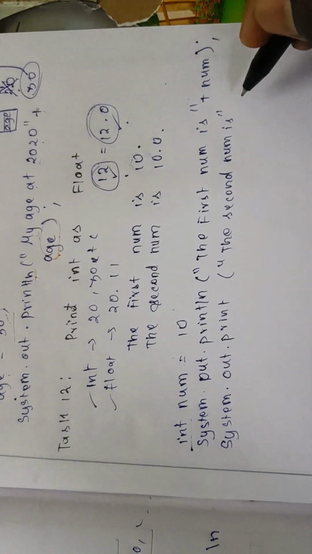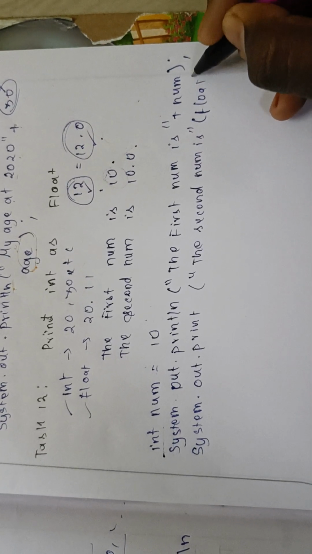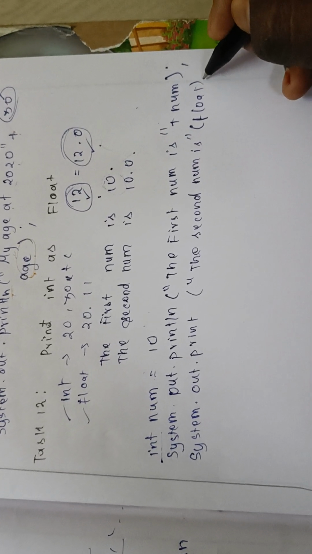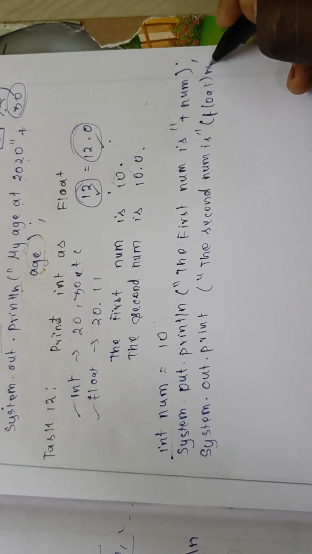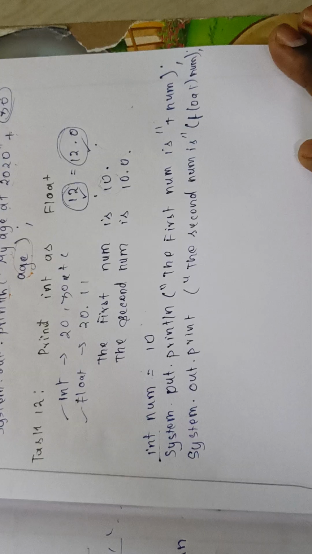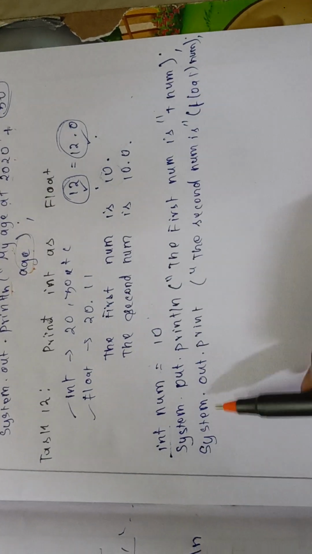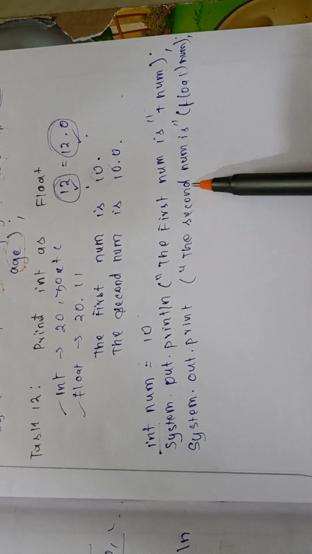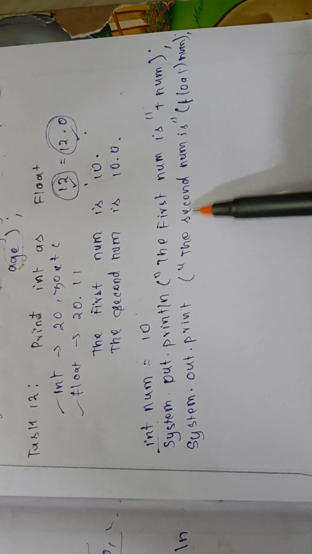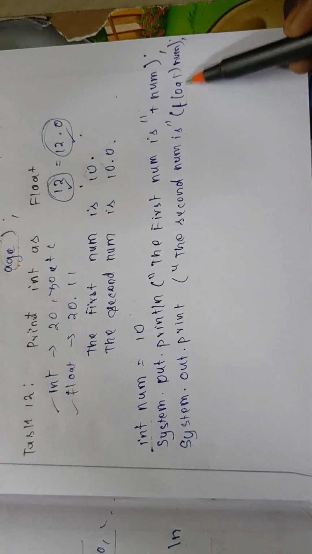So you have to write here in parenthesis float, and then the variable that you have given, that is num, close the parenthesis and give a semicolon. See, listen, what is happening now? In this statement, the second number will print as a float.